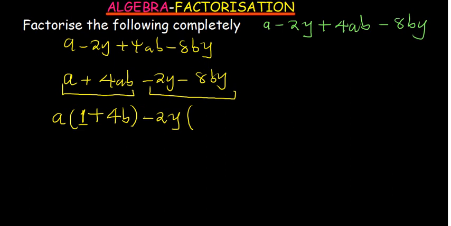So I'm going to write it like this. This one which is here, negative 2y minus 8by. Remember, we have removed negative 2y.